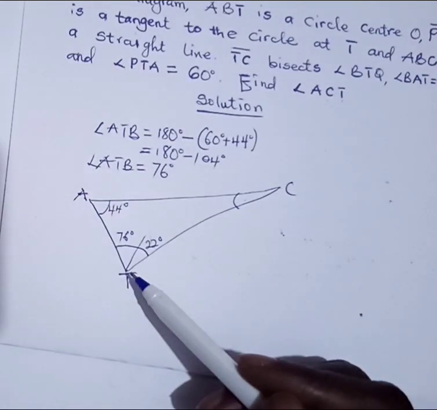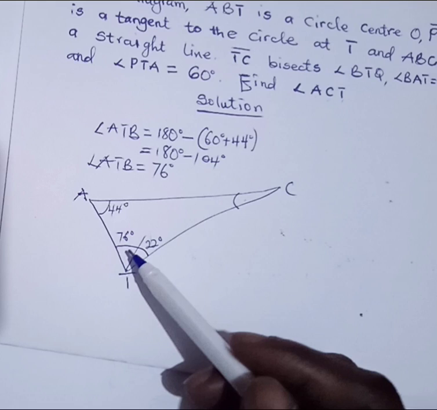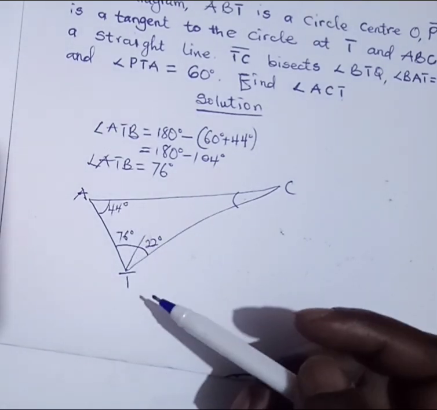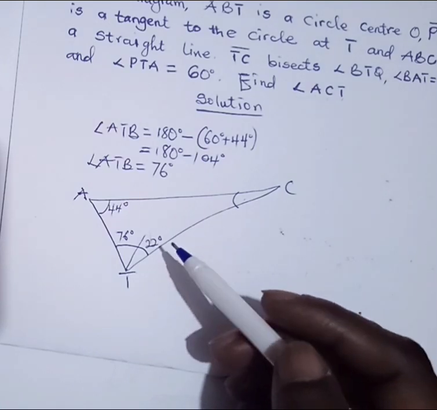Looking at this is what? A triangle. And you know that the sum of interior angles of a triangle is equal to what? 180 degrees.